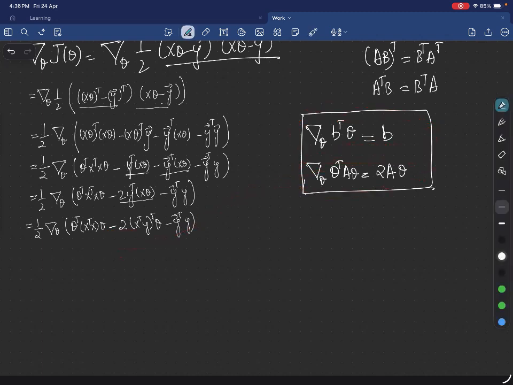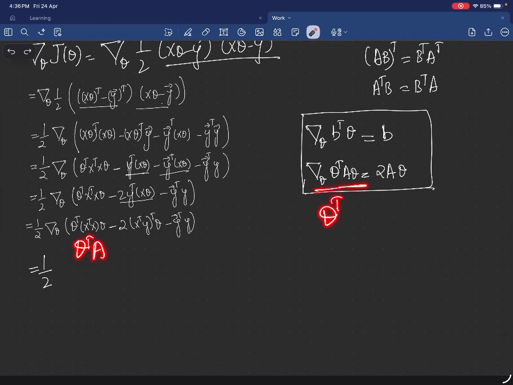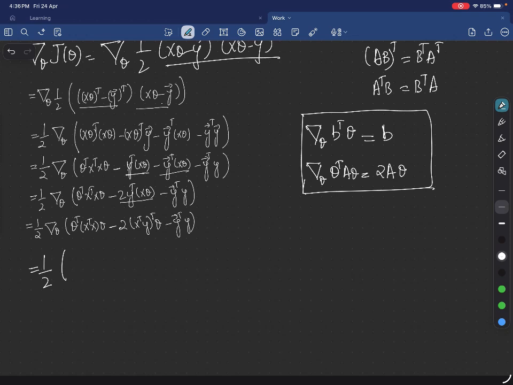So taking the differential of the first term, this is of the form theta transpose A theta, where A equals X transpose X. This is of the form this, and is equal to 2A theta. Here A is X transpose X, so this will become 2 X transpose X theta.